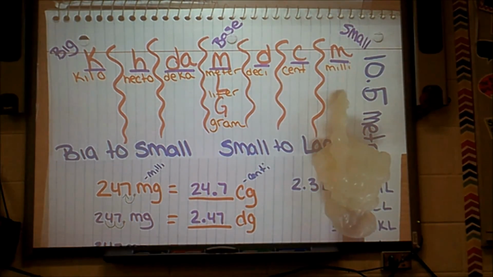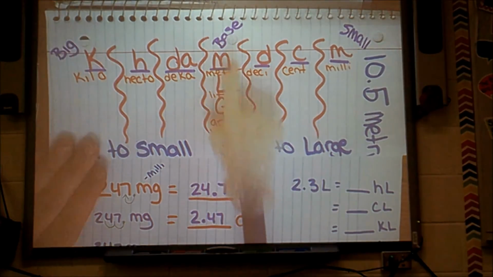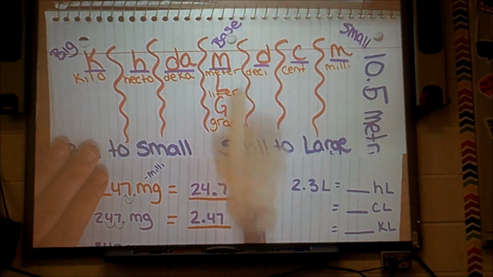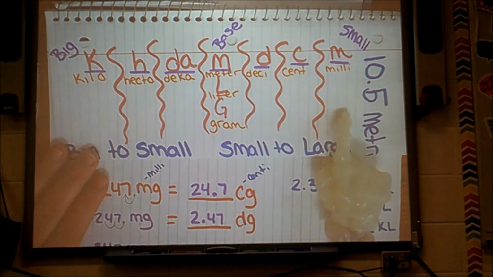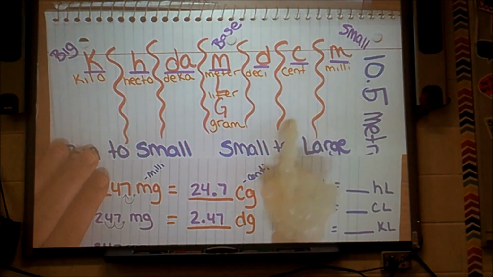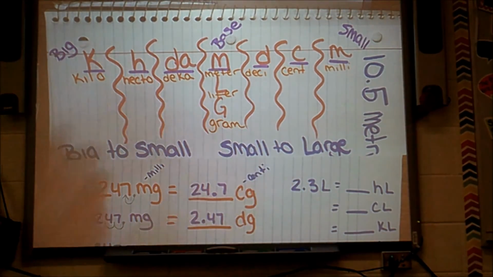I'm going to count the bumps, or the place value jumps, until I get to the gram section. And I see grams is right here. That's my base unit. There's my G. So I'm going to start here. I'm going to count. Ready? 1, 2, 3. There's my grams.